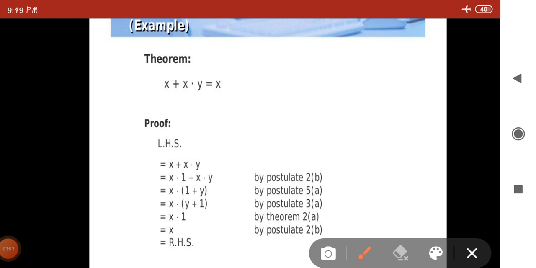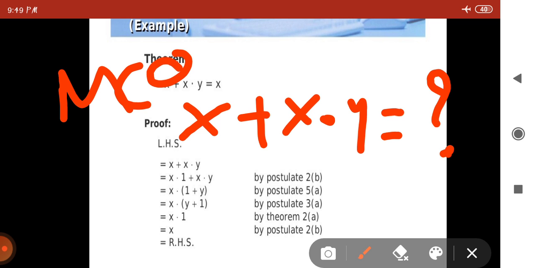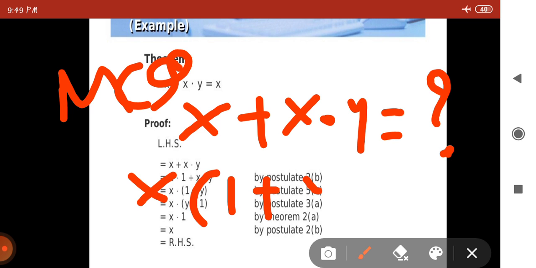First one, x plus x into y equals what, they will ask in your exams. Here you have to find x. What will come for your multiple choice questions? It is a proof. How does it come? X is common, 1 plus y.